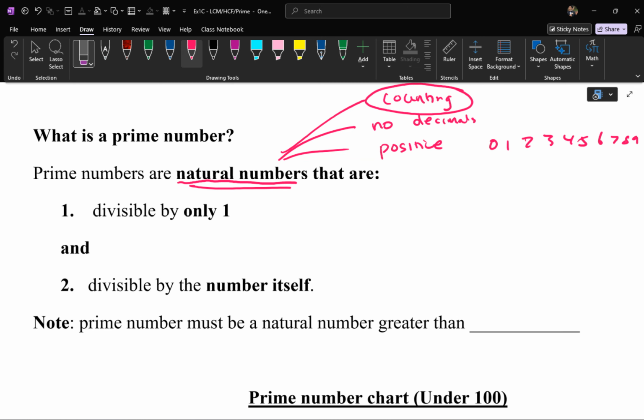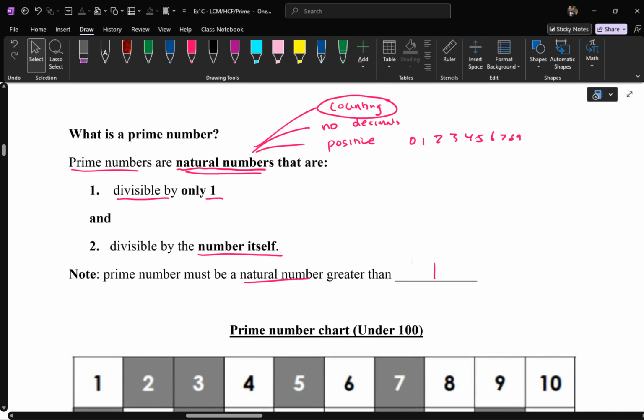Now, what is a prime number? Out of all those counting numbers, for it to be a prime number, it has to be divisible by 1 and by itself. Prime numbers must be a natural number greater than 1. Now, why does it have to be greater than 1?